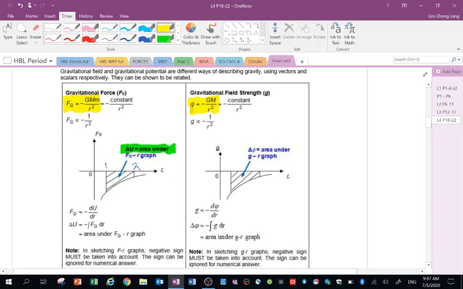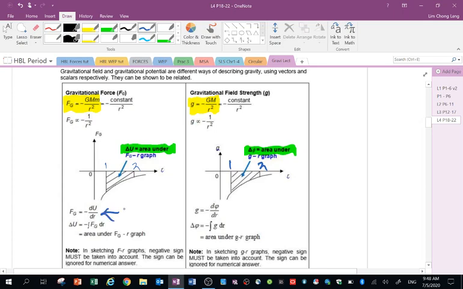So the area under the G versus R graph is actually the change in the potential. Okay, so as the body moves from one point to the next point, there is a change in the potential. So memorize the two equations, and some of you may be wondering, where does this equation come from?